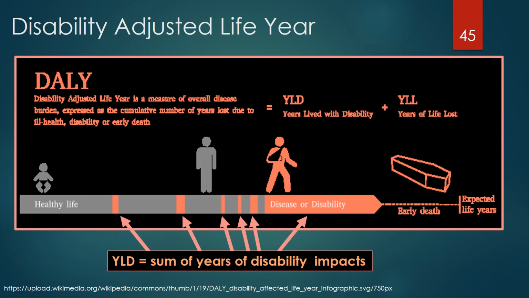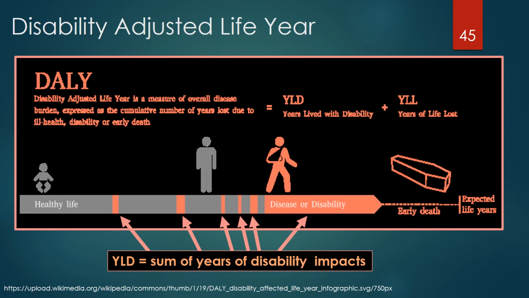The disability-adjusted life year, or DALY, was first used in 1993 in the World Development Report of the World Bank. A detailed discussion of how DALYs are calculated is beyond the scope of this session. A DALY is a health gap measure.